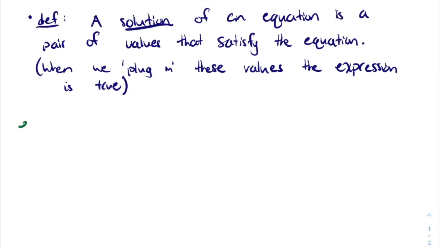So as an example, we have the general linear equation of two unknowns, 5x plus 3y equals 2.